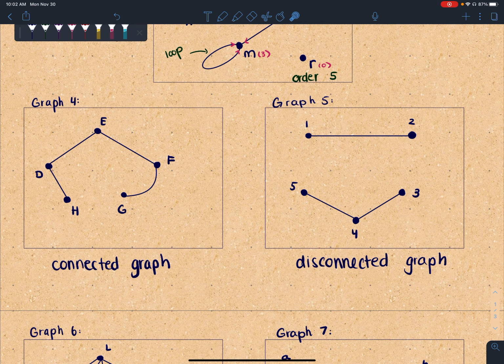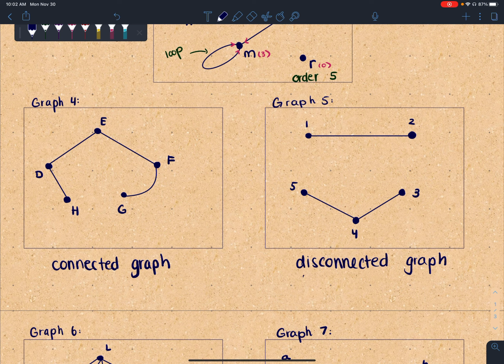It doesn't have to be a direct connection. You don't need to be able to get from G to H in one step, but you do need to be able to find your way there. A disconnected graph is in 2 pieces. So you have this one piece over here, and then you have this piece over here, and there's no way for you to get from 5 or 4 or 3 to 1 or 2. There's no bridge that connects them.